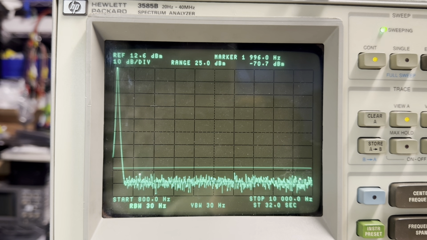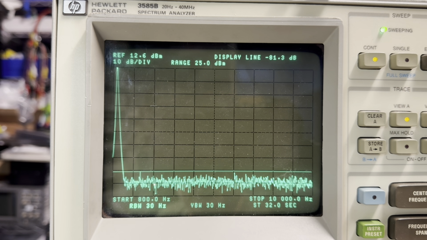Now we can see that our harmonic is now inside the noise of our measurement. There it is, we're at minus 81 dBm there, and even lower still down here into the noise.